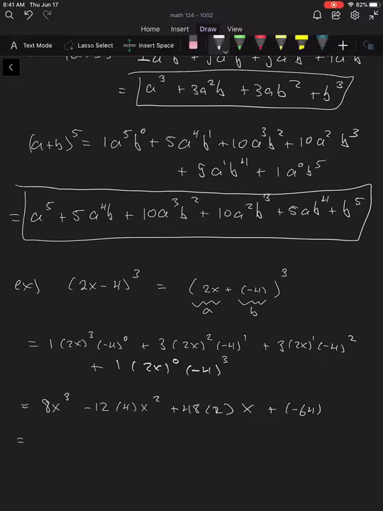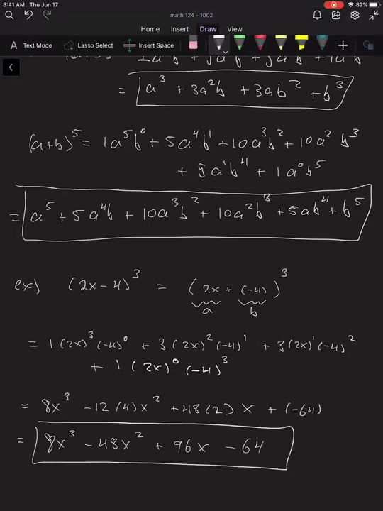So what do we have here? We have 8x to the third minus 12 times 4, so minus 48x squared. 48 times 2, which is 96x, and then minus 64.